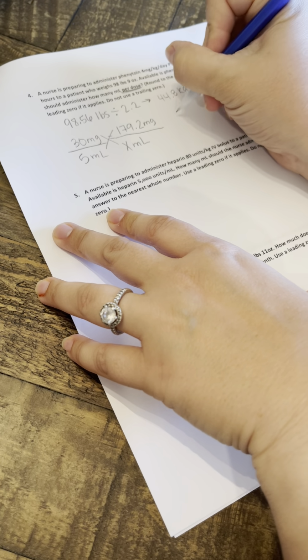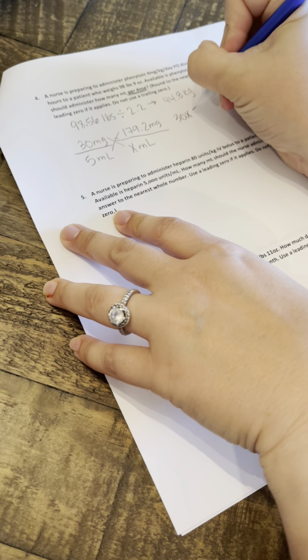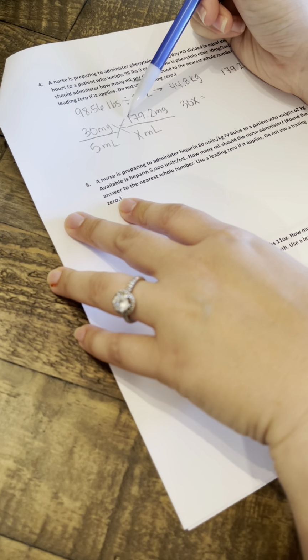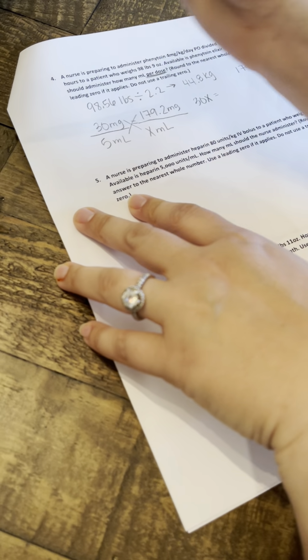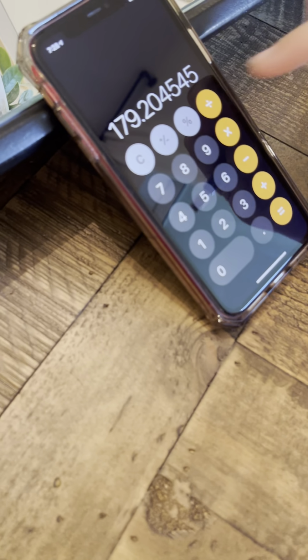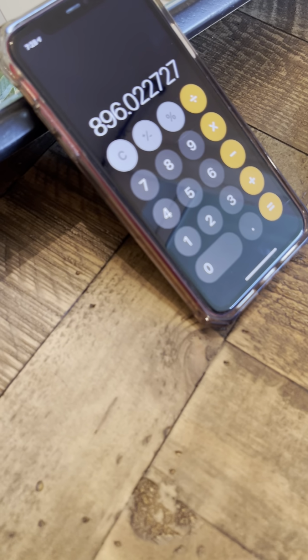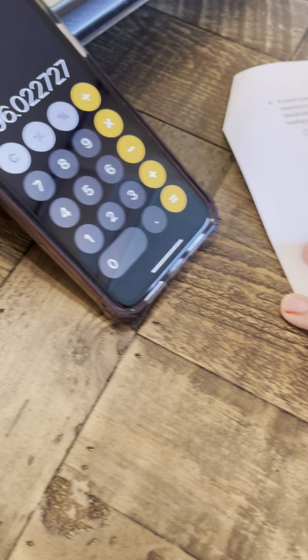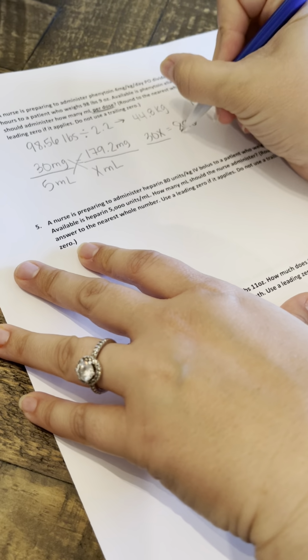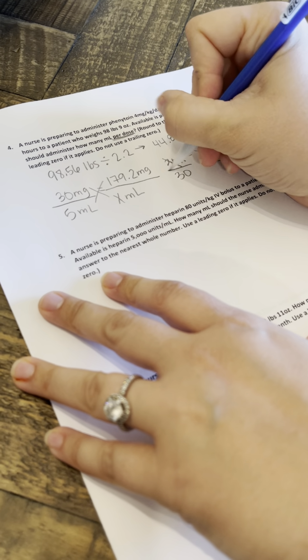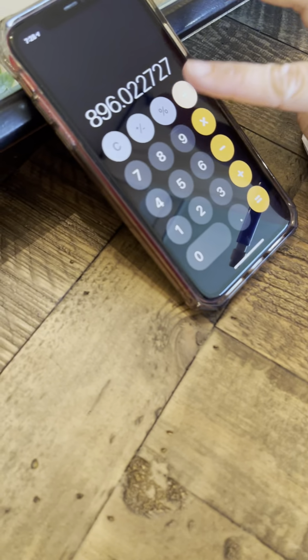So 30X. And then we multiply 5 times 179.2. So I have 179.2 times 5 is 896. Divide each side by 30 to get X by itself.